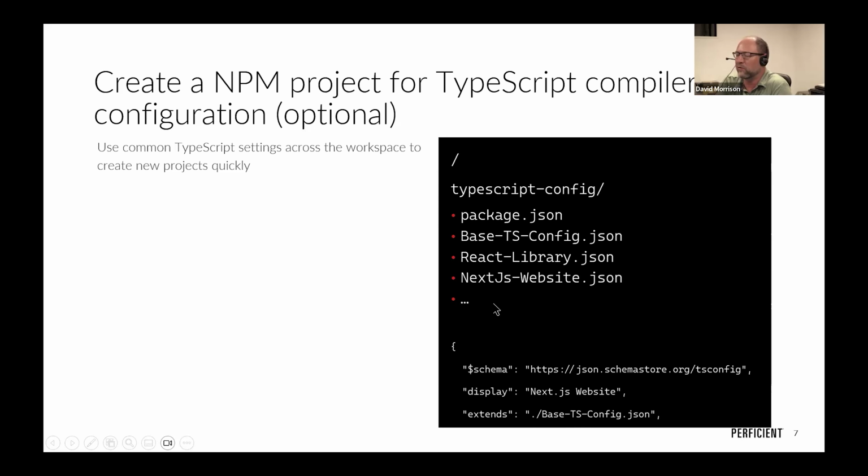You can always override parameters for the compiler on a project basis, but you don't want to do that unless you really have to, just so you can maintain consistency across your workspaces. I put an example here of how you would extend one of the create multiple templates by extending the config, and this extends works the same way for all your sub projects too. I'll show this in the code in a little bit more detail.